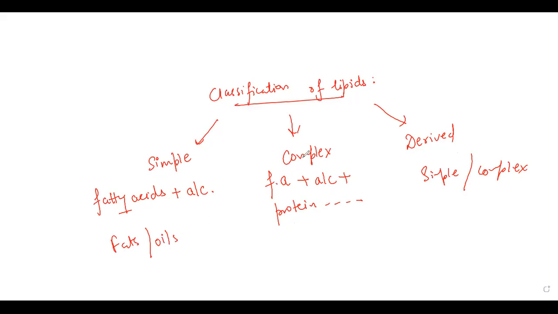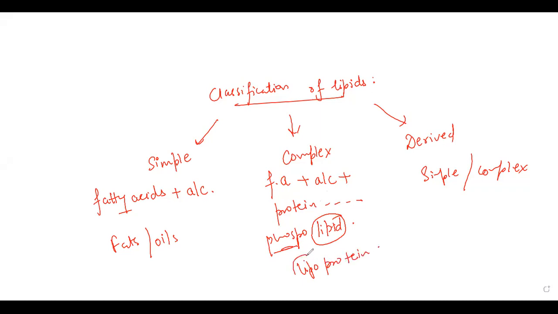Then complex lipids are actually derived from fatty acids, alcohol, along with some other group. An example can be a phospholipid. What is a phospholipid? It is made up of normal fat plus phosphorus. It can be a lipoprotein. What is a lipoprotein?